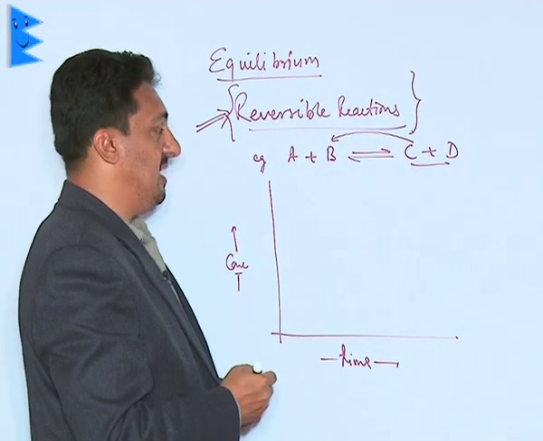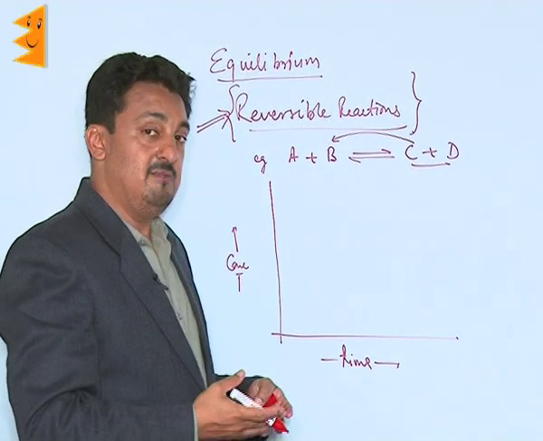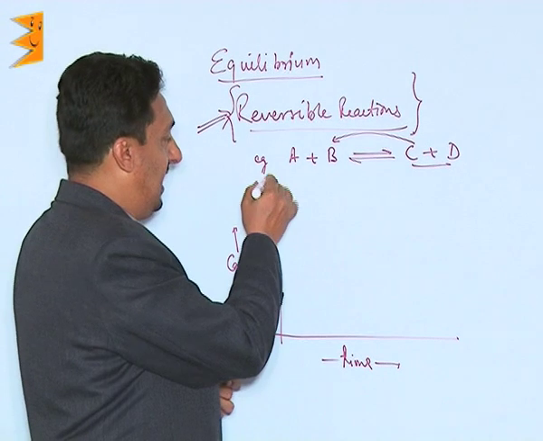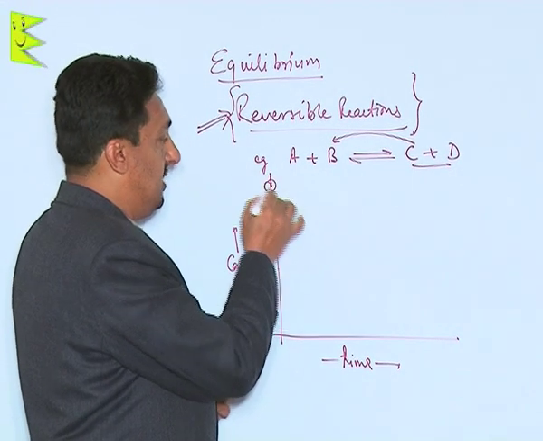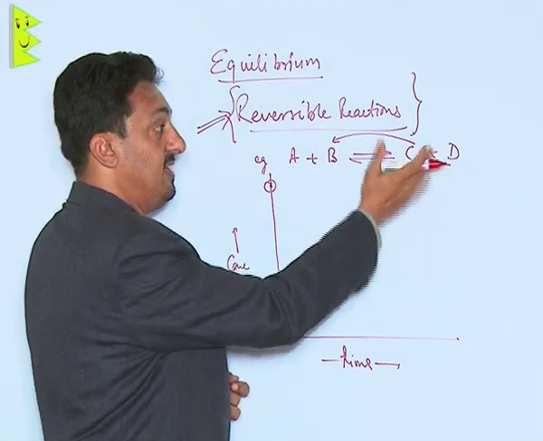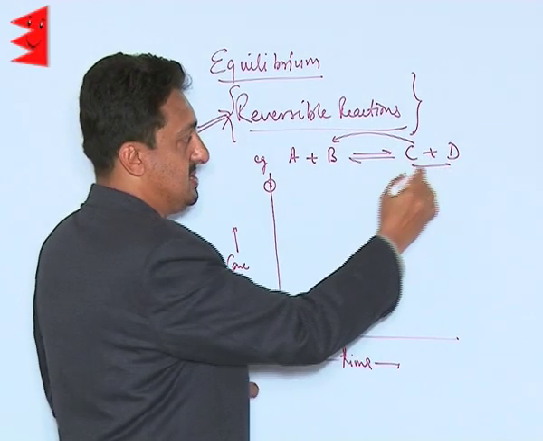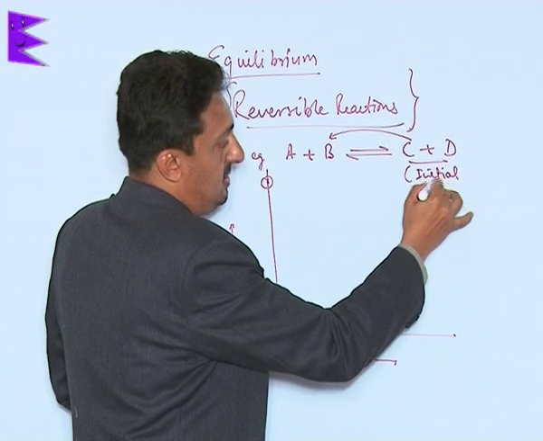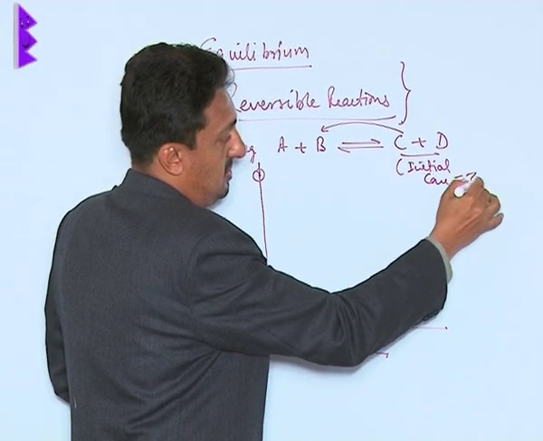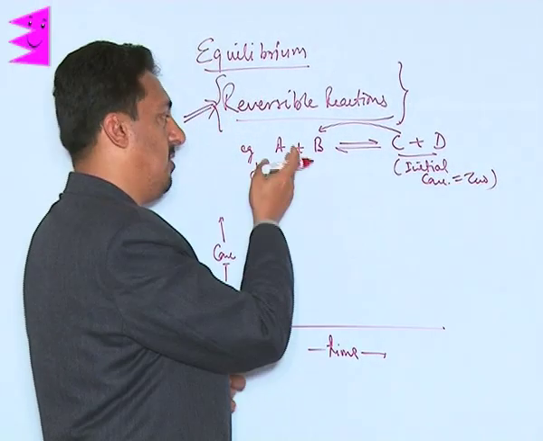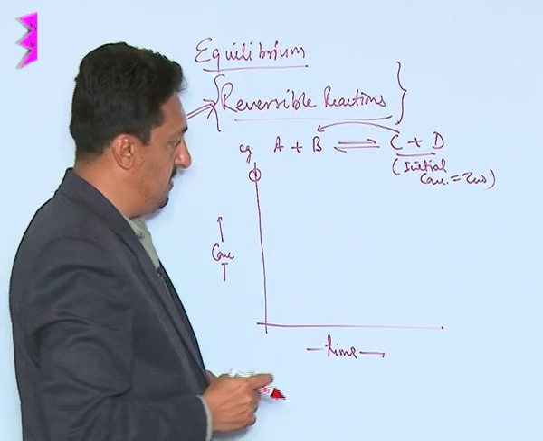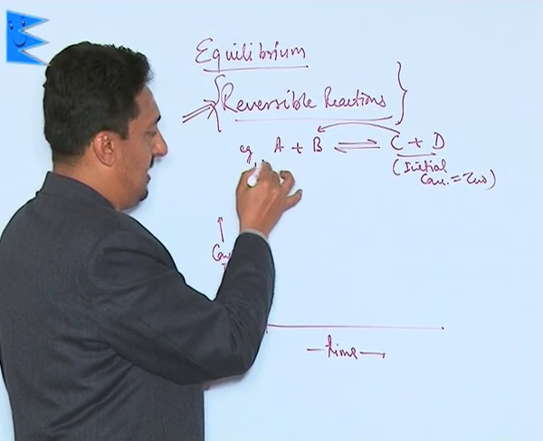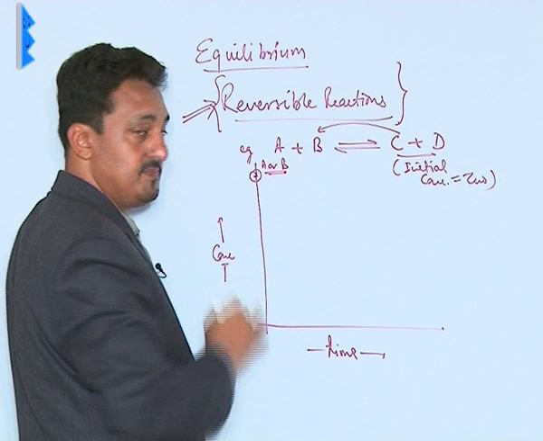Since we are starting from A and B, we know that initially we were not having any C and D, so their initial concentrations were 0, and we were having only A and B. So we are here, and it will be either A or B.